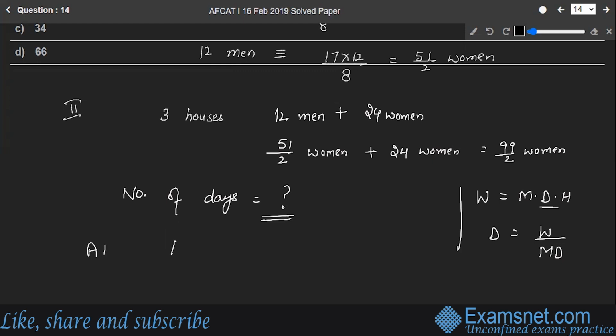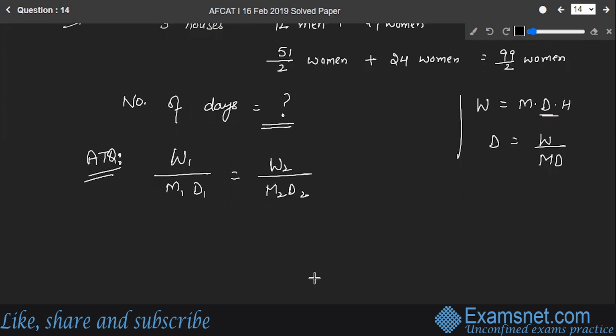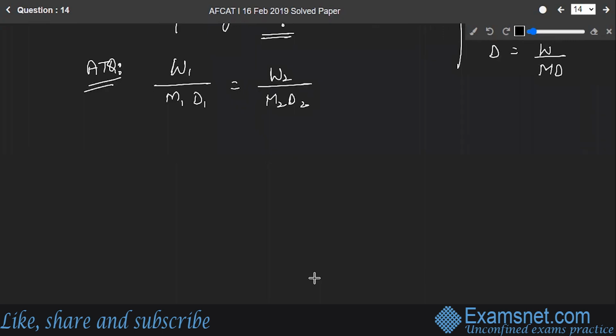So according to the question, we have W1 upon M1 D1 is equal to W2 upon M2 D2, where 1 and 2 represent the first and the second scenario respectively, right? So W1 first is, you had to paint one house. So it is 1.